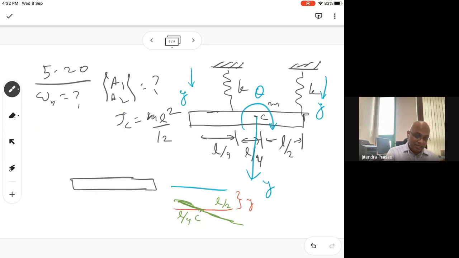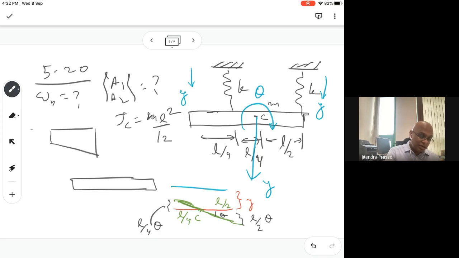Since this one is theta, the value of this one will be L/4 times theta, and here it will be L/2 times theta. So if we look at this one, the final looks like this.